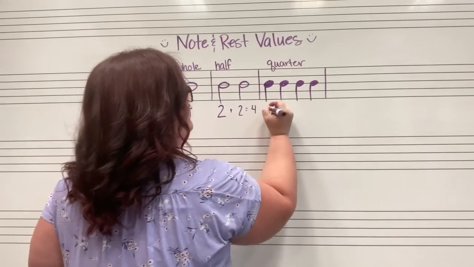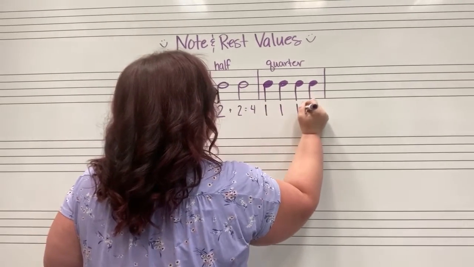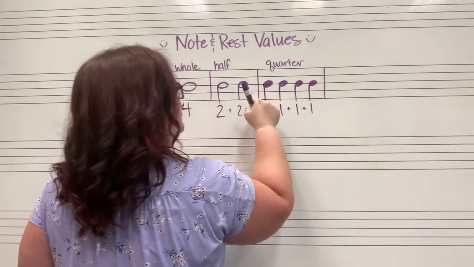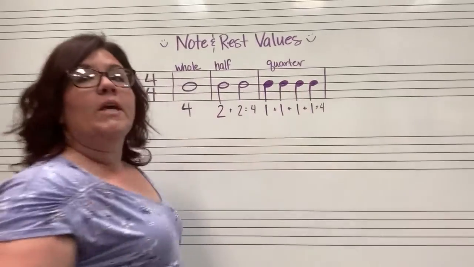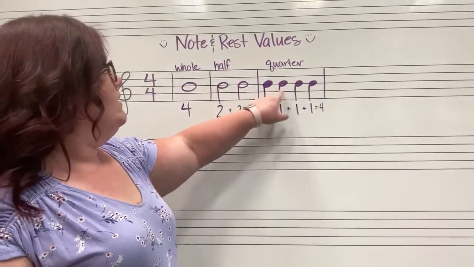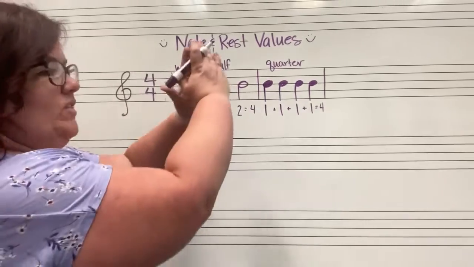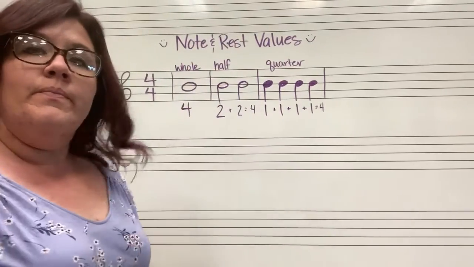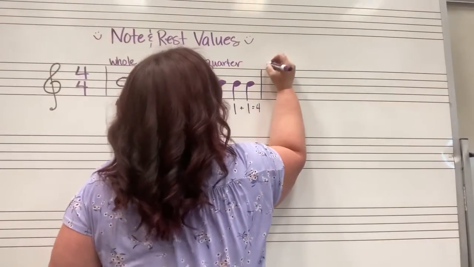So each one of these is worth 1 beat. If you add them all together within these 2 bar lines, they will add up to 4 beats. So 2 of these equals 1 of these. 2 of these equals 1 of these. It's just kind of dividing downwards. The next one we're going to look at is the 8th note.